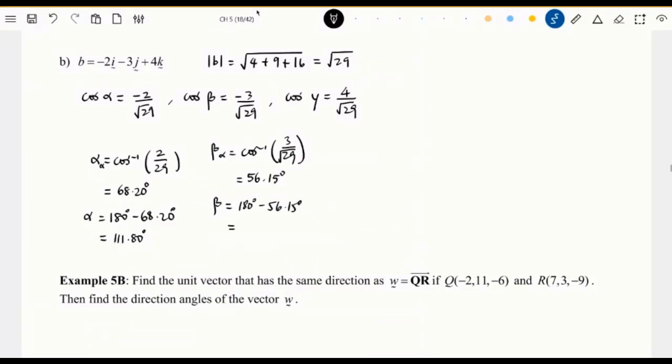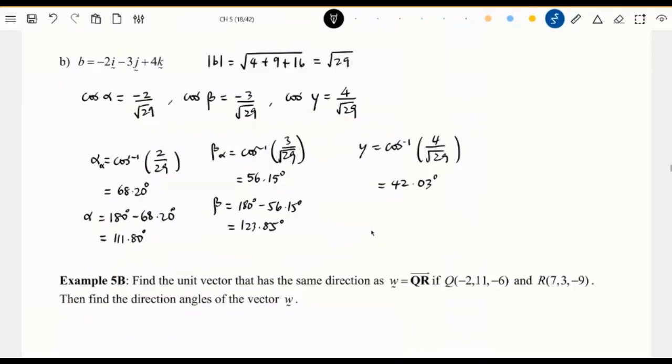Okay, dapat berapa ni? 123.85. Okay, last one which is gamma. So ini tak perlu kisah sebab dia memang positive value. 4 over square root 29. So we end up the value will be 42.03 degree. Okay. So that's will be 5A done.